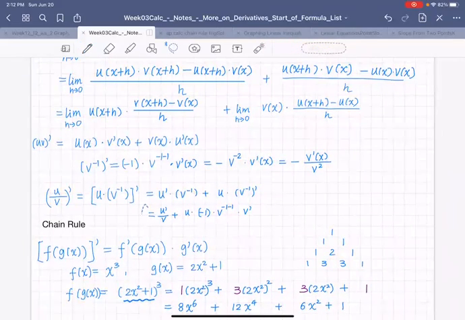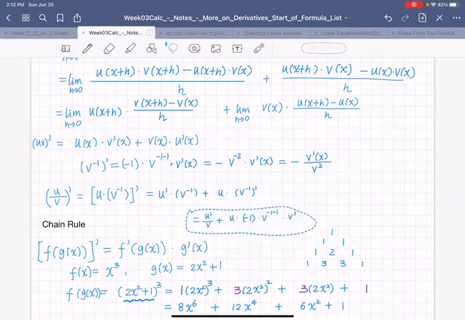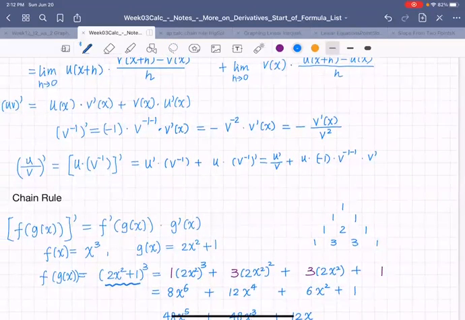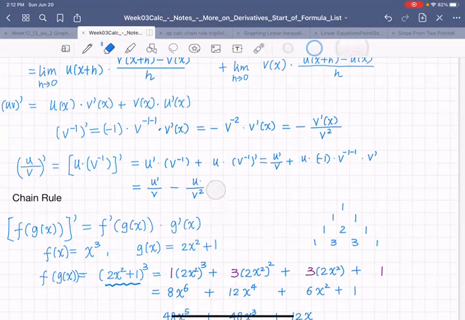We can do one more step. What's the next step? So I will write down u prime over v minus u over v squared times v prime. Let's do a common denominator, okay?